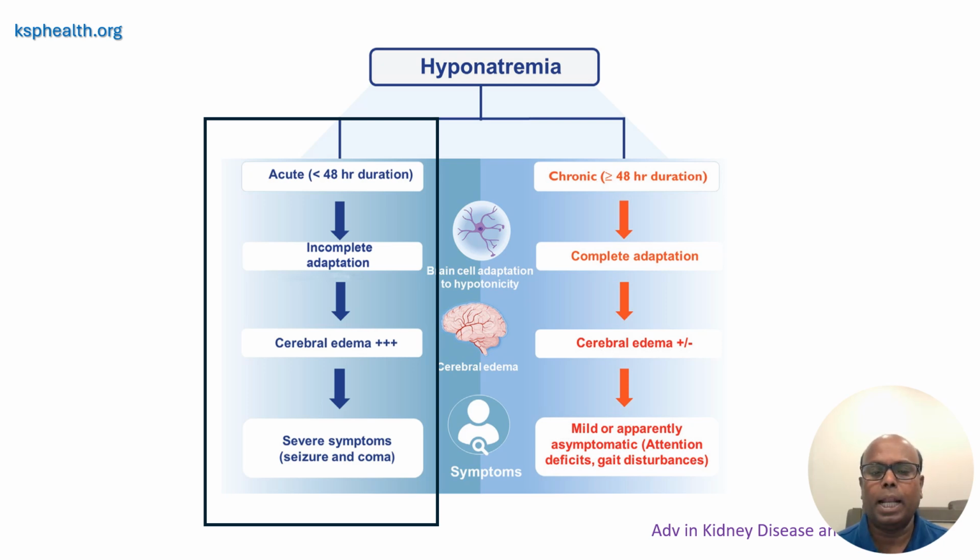When there is incomplete adaptation, meaning it is not fast enough or the hyponatremia is so severe, then cerebral edema and subsequent severe symptoms ensue. After 48 hours, you usually do not see cerebral edema because at that time they reach the homeostatic level between extracellular and intracellular levels.